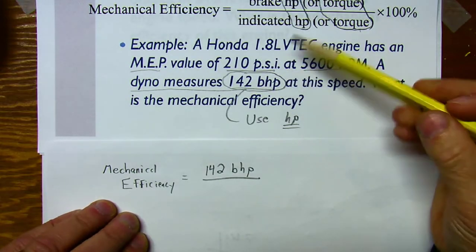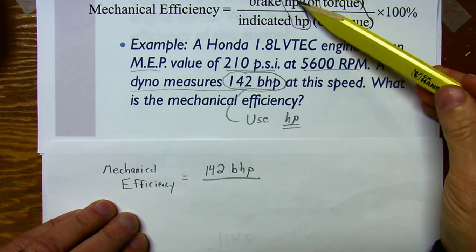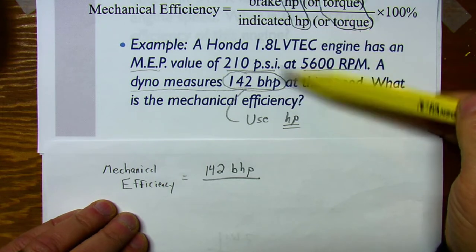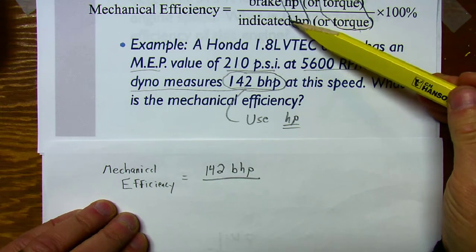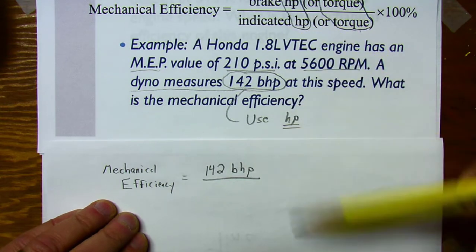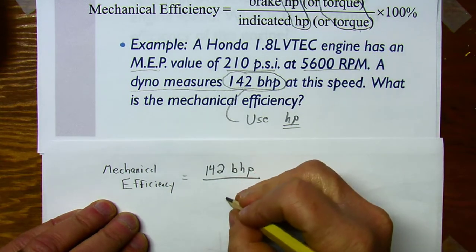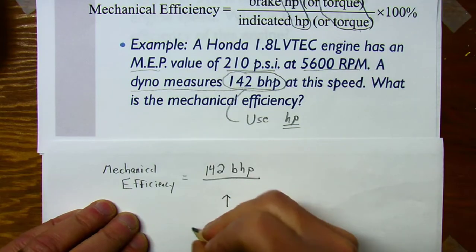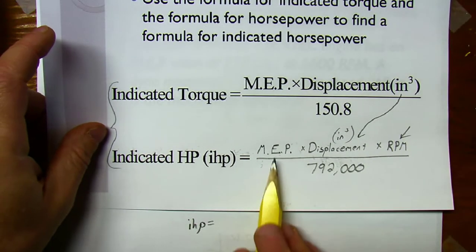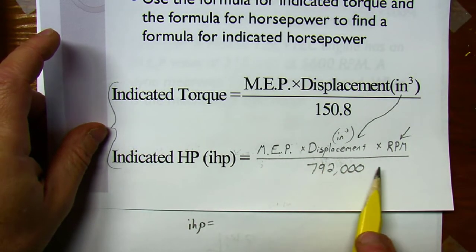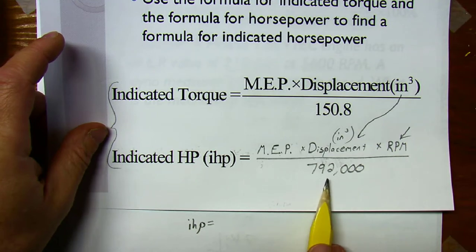Okay, so our mechanical efficiency is 142. We're going to use horsepower for this since we were given horsepower. 142 brake horsepower divided by the indicated horsepower. We got to figure out what our indicated horsepower is. And so our indicated horsepower, that's going to be found by taking our pressure times displacement times RPM divided by 792,000.